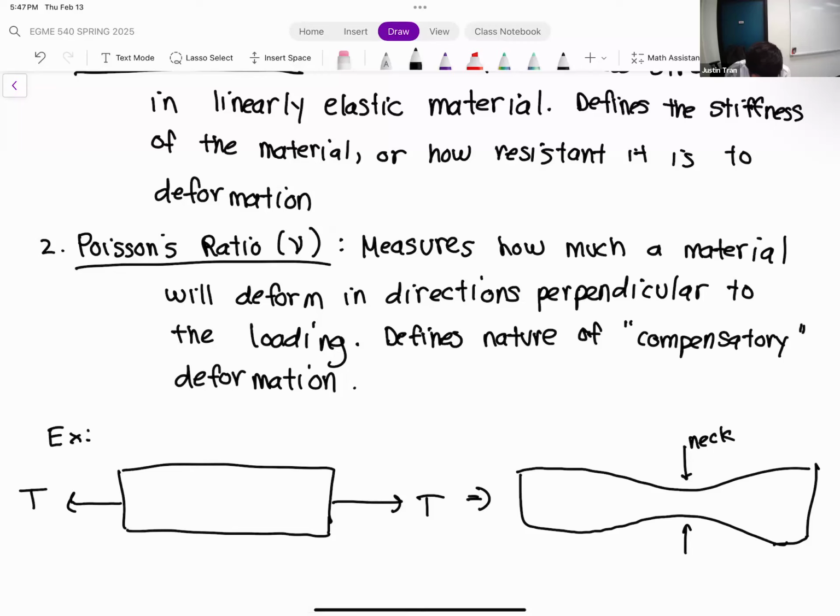The nature of that necking, or how much necking occurs, how narrow that section is, is defined by the Poisson's ratio. Now I know that's just a qualitative description of it. Of course, there are equations that we can derive that define it, but for our purposes, just a qualitative understanding is good.